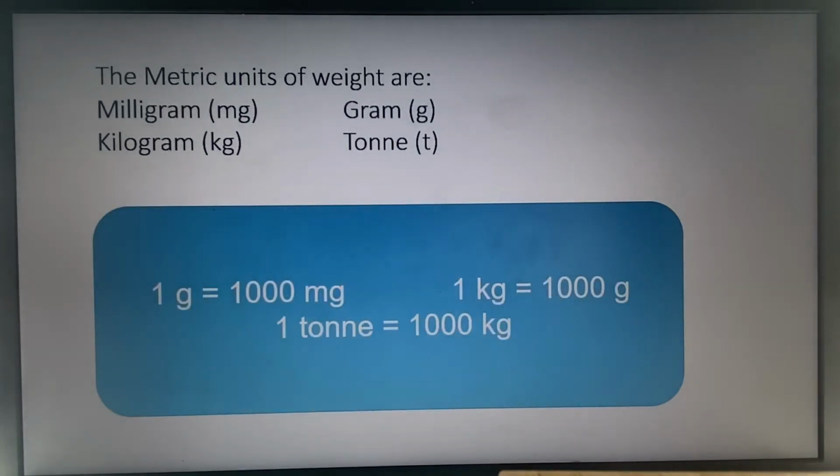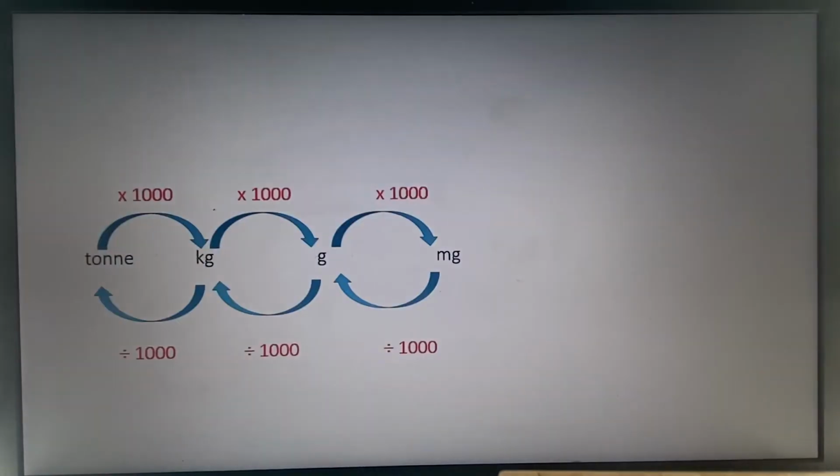So we can see that in terms of our actual numbers. So 1 gram is 1,000 milligrams. There's 1,000 milligrams in 1 gram. There's then 1,000 grams in 1 kilogram, and 1,000 kilograms for every tonne. Okay, so the thousands are very important here, and we can look at that process in terms of our tonne, our largest weight, down to our milligram, our smallest weight.